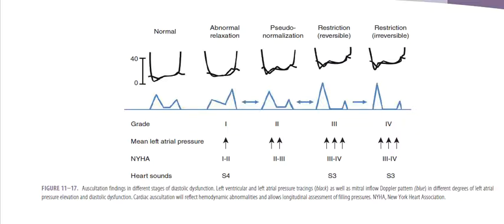Here is normal and abnormal relaxation, pseudo-normalization, reversible restriction, irreversible restriction. Grade 1 is abnormal relaxation, grade 2 pseudo-normalization, grade 3 reversible restriction, grade 4 irreversible restriction.